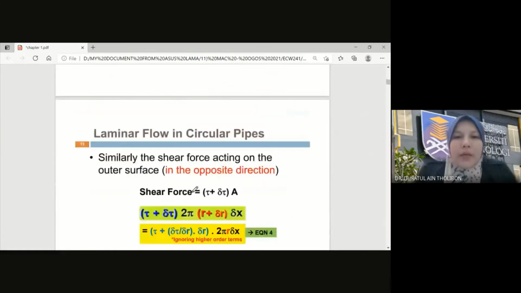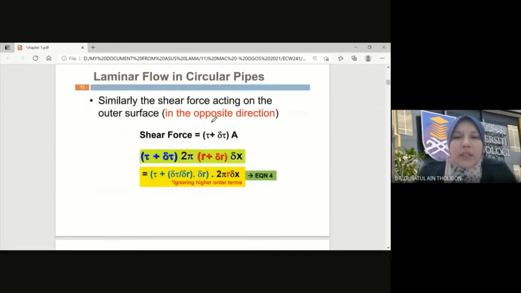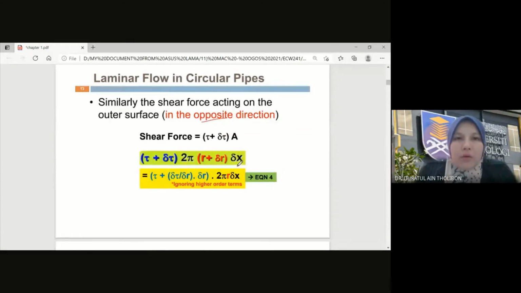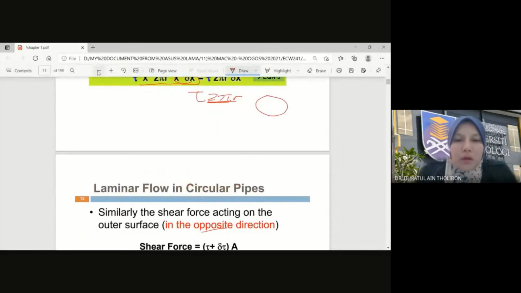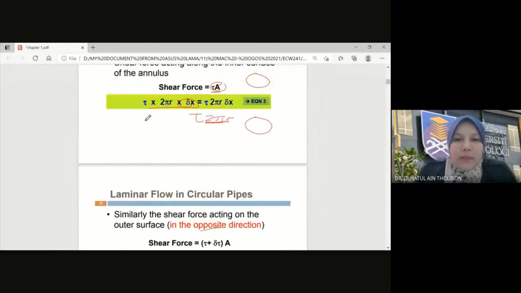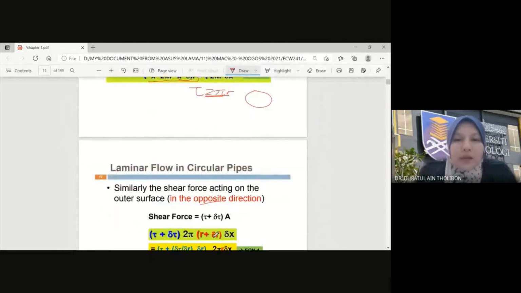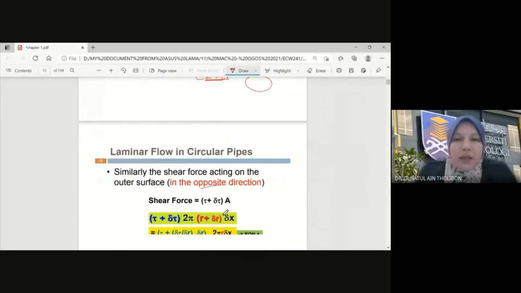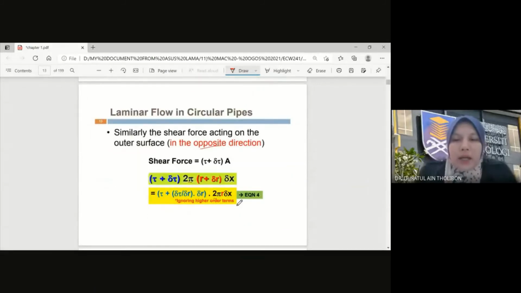And then we also have the shear force in the opposite direction. So kita terpaksa tambahkan lagi, tadi kita dah ada tau 2 pi r ni kan. So disebabkan kita ada opposite direction, kita ada lagi, so kita ada 2 kali lah area.